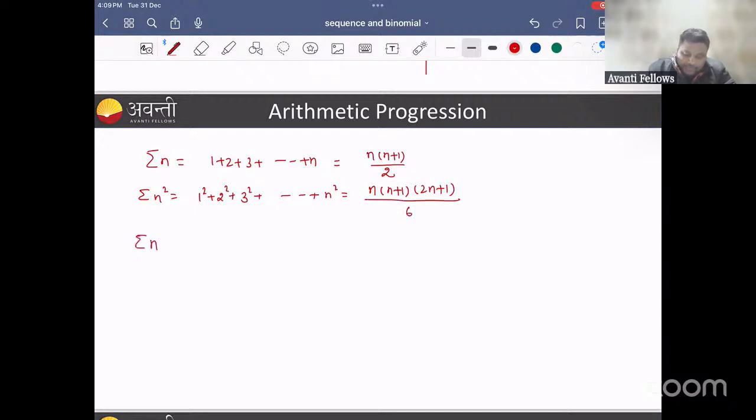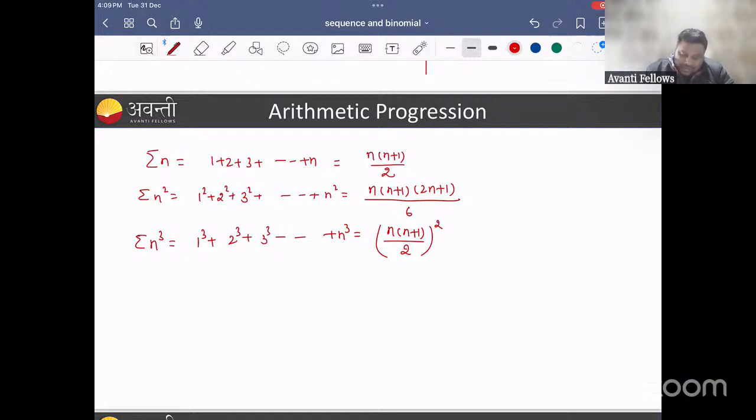Then there comes sigma n cube, that is 1 cube plus 2 cube plus 3 cube up to n cube. This is n into n plus 1 upon 2 whole square. Correct? Madhukar, understood?